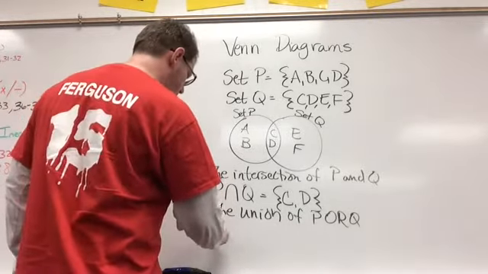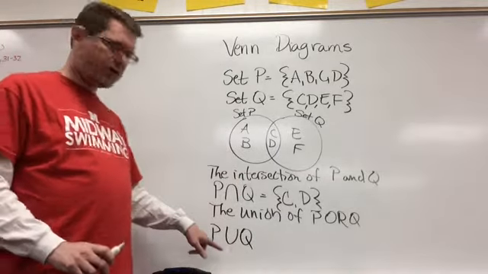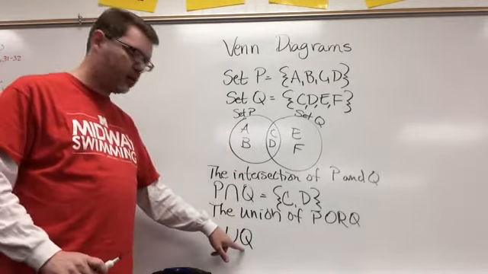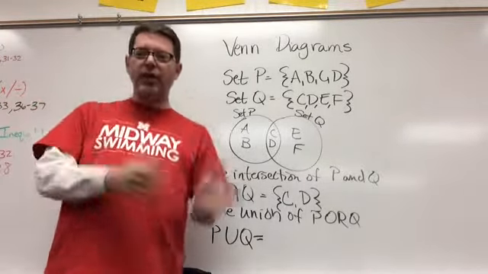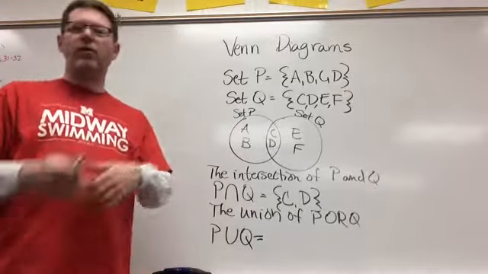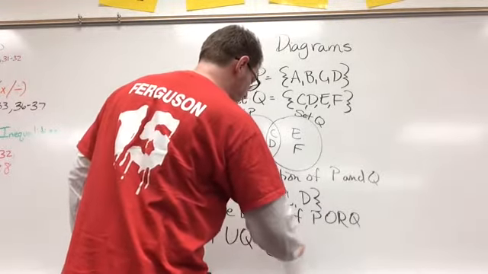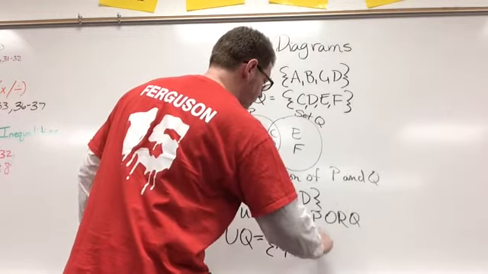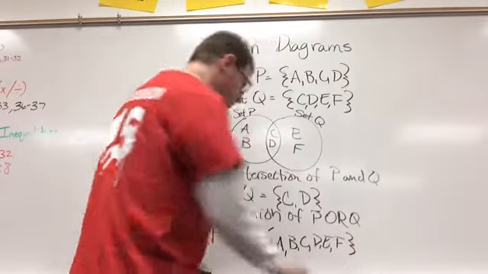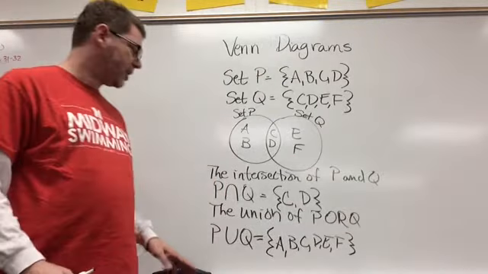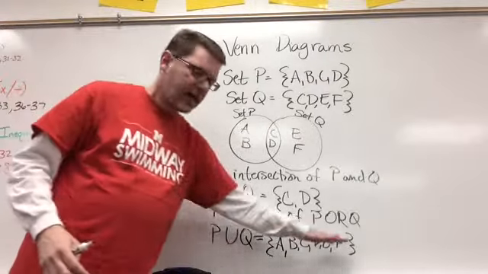So this would be P union Q, or the union of P and Q, which means which ones are in P or Q, or which ones are in both, is the way it really works out to be. So the answer to that would be A, B, C, D, E, and F, because all of those letters are in P or Q. Everything is there.